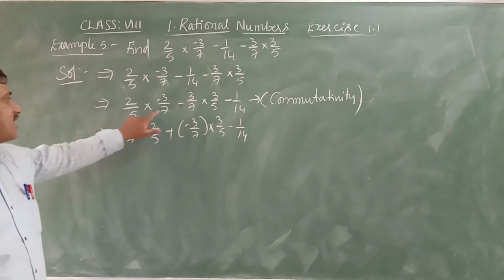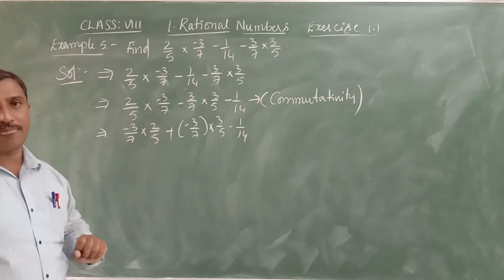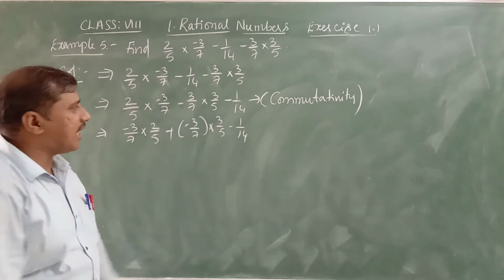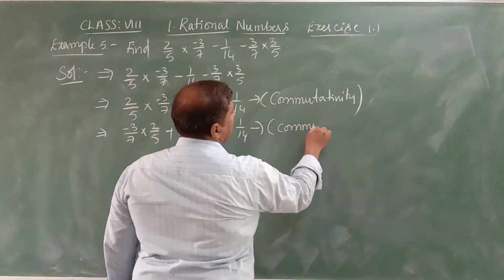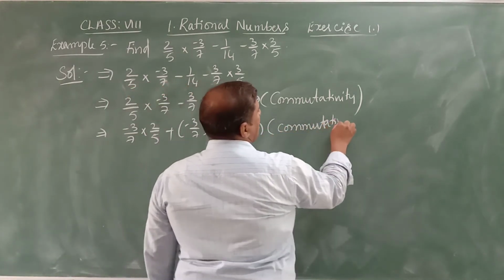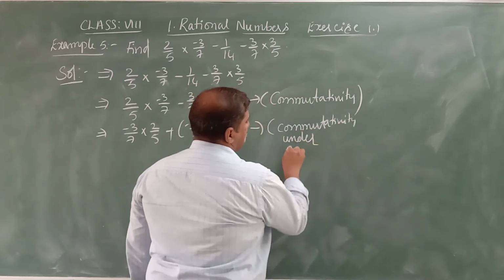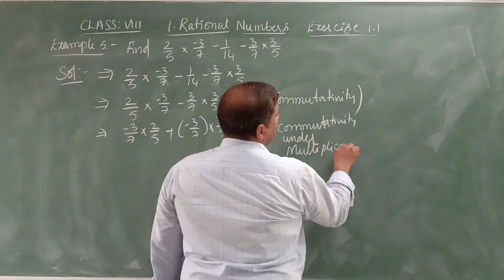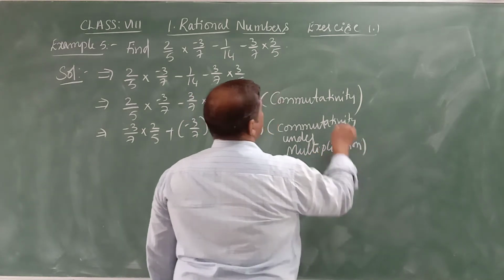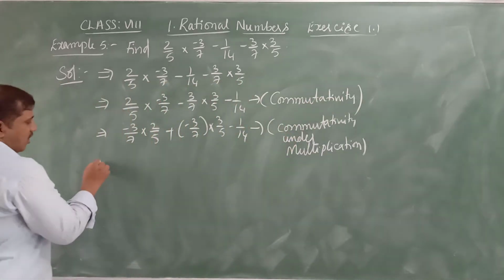I have interchanged these numbers, that is, A into B I wrote as B into A. So which property is it? Commutativity under multiplication. And this is commutativity under addition, the first one. Yes. Now simplify.